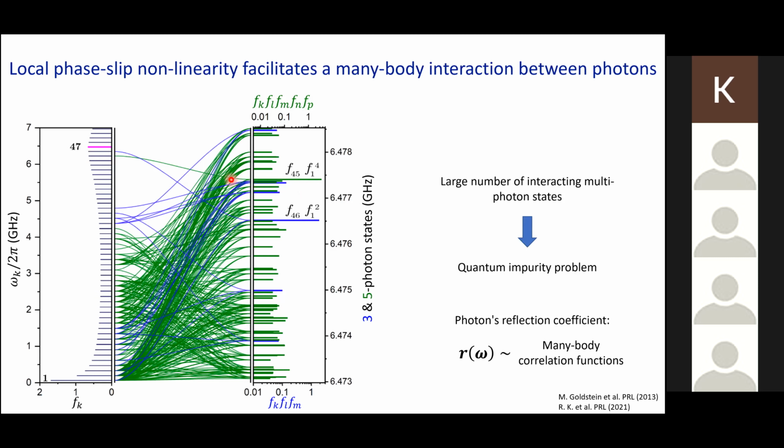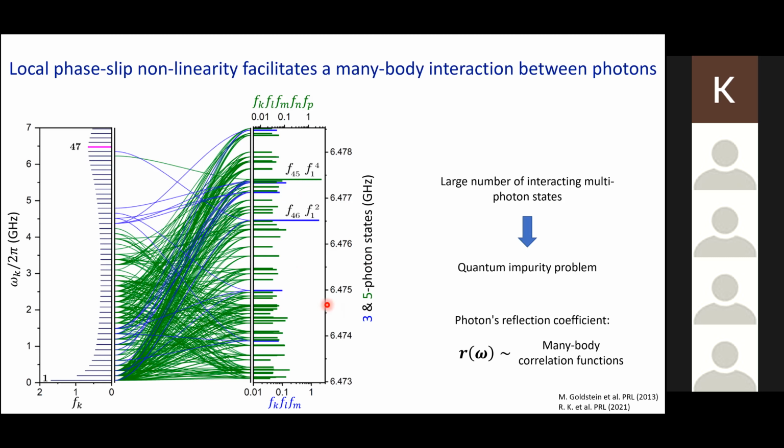And this reminds us again of quantum impurities. Here we see that a local subsystem, which is a quantum impurity, present only at the end of the chain, creates interaction between many photons, many modes, which is again a signature of a quantum impurity model.